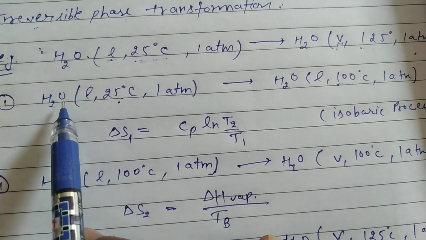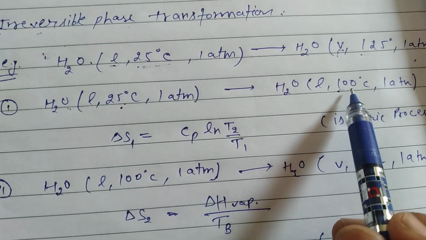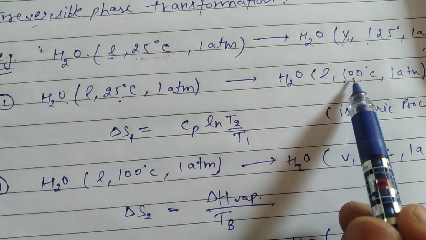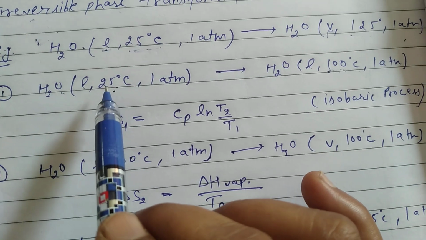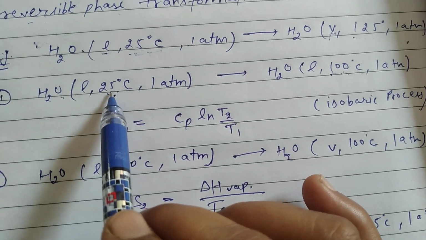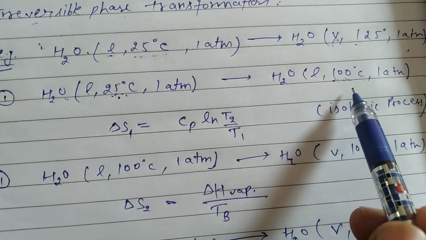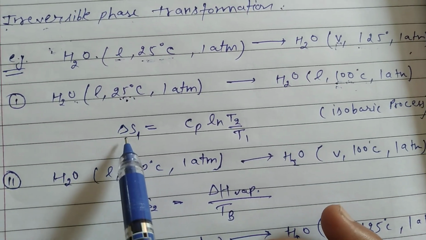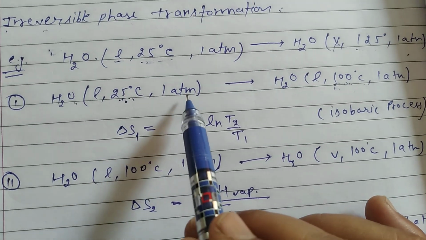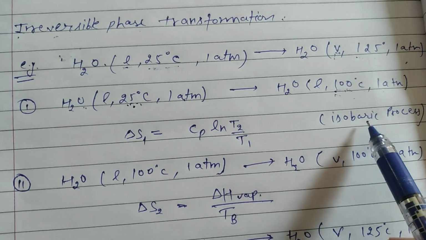For water the boiling point is 100 degrees Celsius, so only at 100 degrees Celsius can the reversible phase transformation take place. So we have to increase the temperature of this water from 25 degrees Celsius to 100 degrees Celsius. For that, we can easily find the change in entropy. Here the pressure is kept constant, so this is an isobaric process.